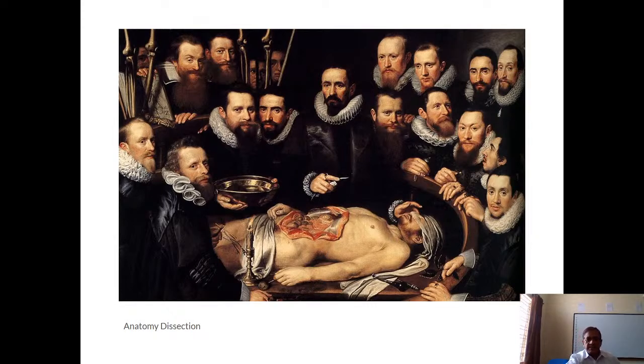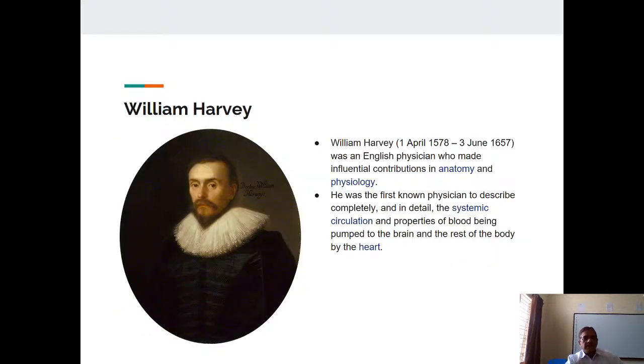And in this, William Harvey was the one. There were so many people, Galen and things like that. William Harvey, in the 16th, 17th century, established that it is the heart, the circulatory system.